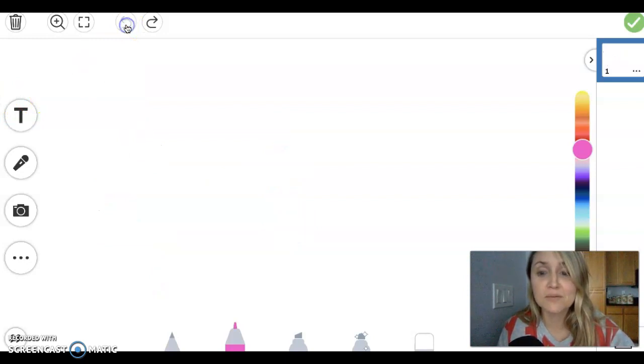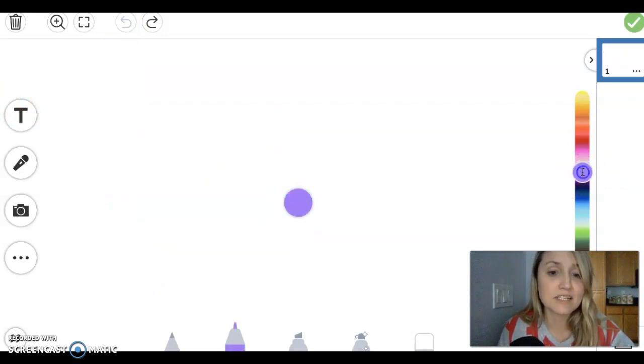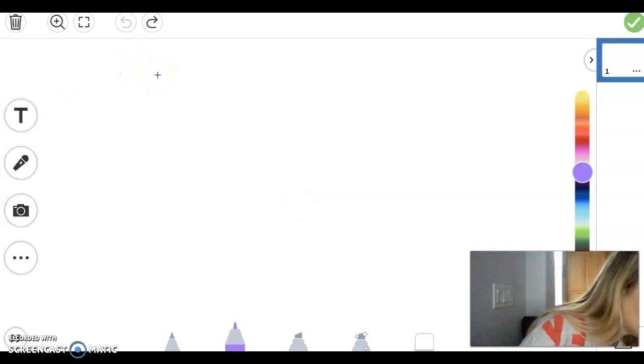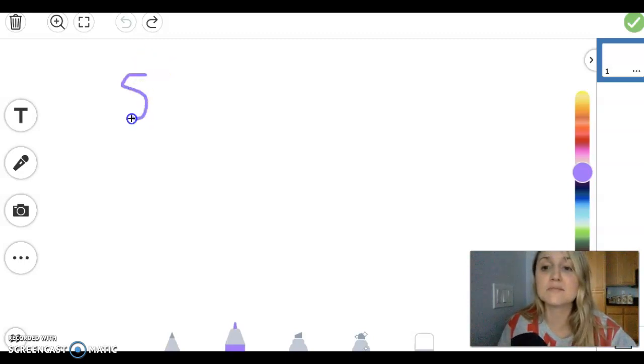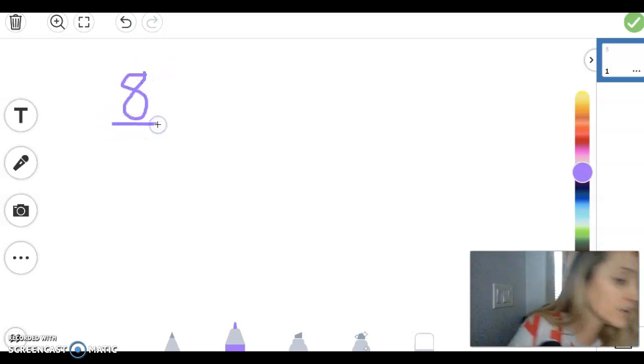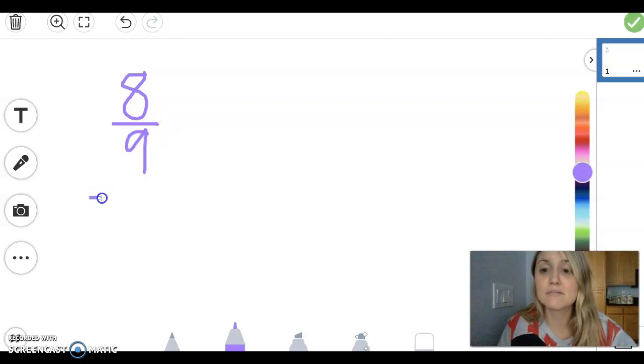Now, one thing that you really have to pay attention to is the sign, okay? Because sometimes it's going to be subtracting. So if you had 8/9 minus 5/9, okay? 8 minus 5 would be 3.